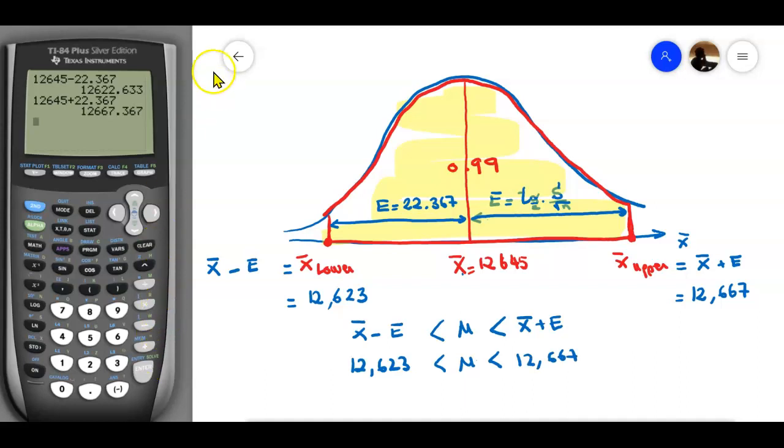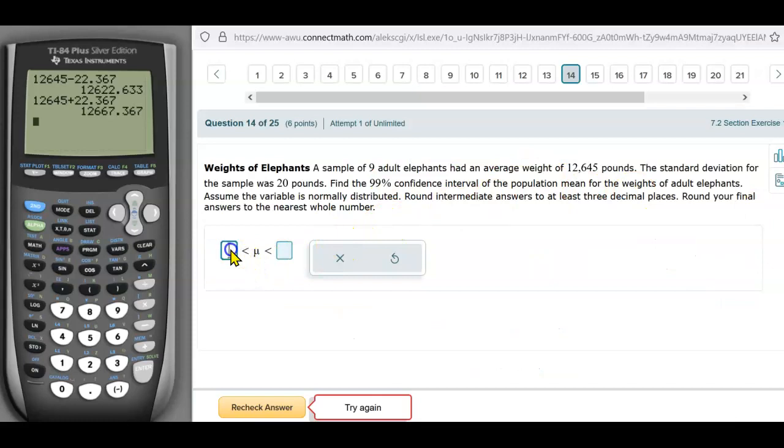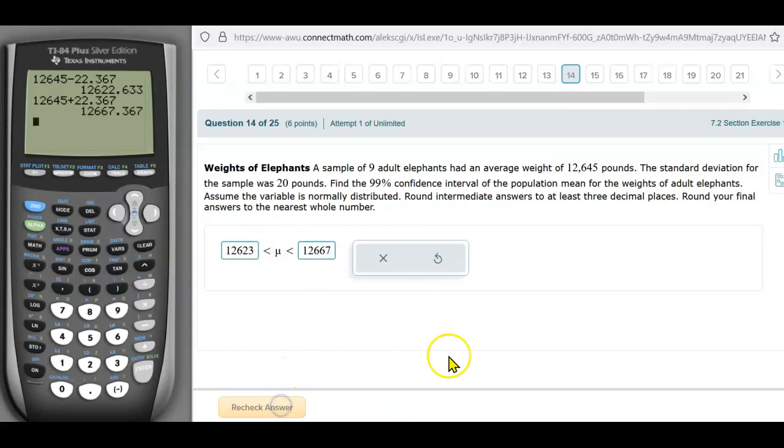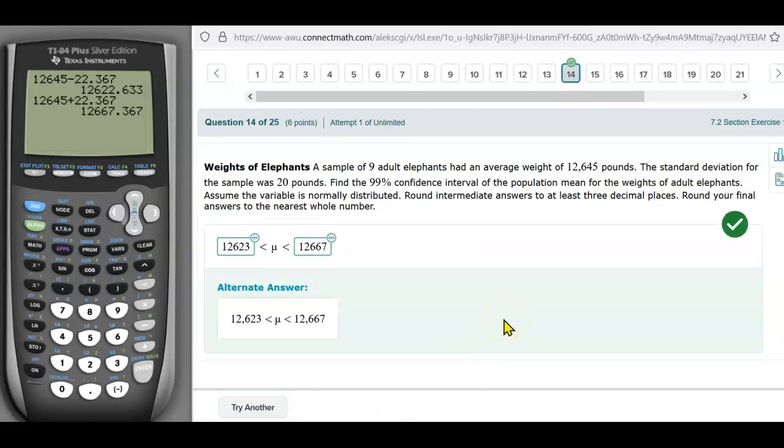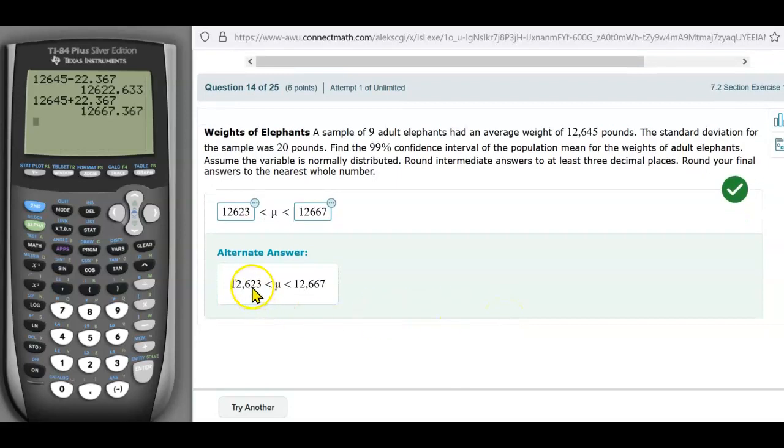All right, so let's go back to the question, try to plug it in and verify. This one here is going to be 12,623, and this one is going to be 12,667. Let's check it, and it did work out. It seems like they want us to put a comma in between, but it's fine.